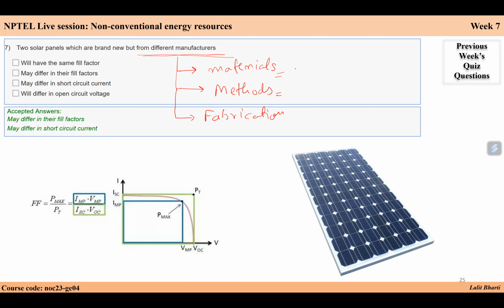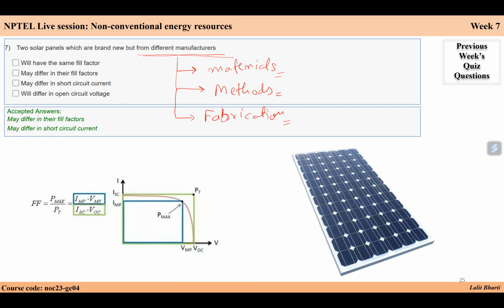The material means the purity, the type of material, whether it is single crystalline or polycrystalline, then overall fabrication and other electrical technicalities related to the fabrication.